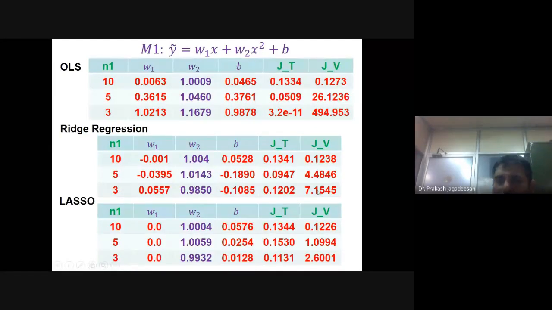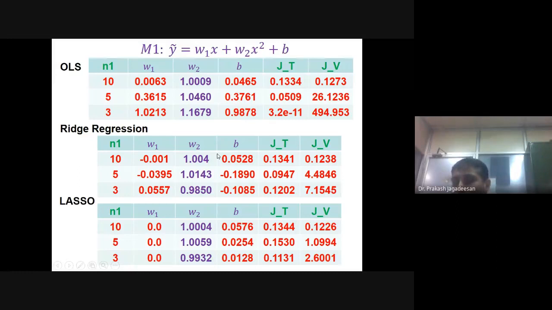Further, if you reduce this, testing error increases, similar to OLS. But relative to OLS, if I add the penalty function, then I'm able to reduce the error. I'm able to reduce the variance. That's the power of ridge regression.